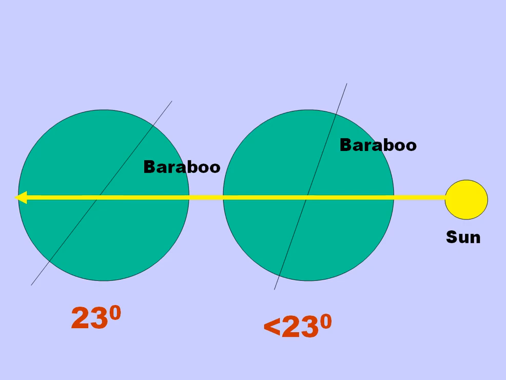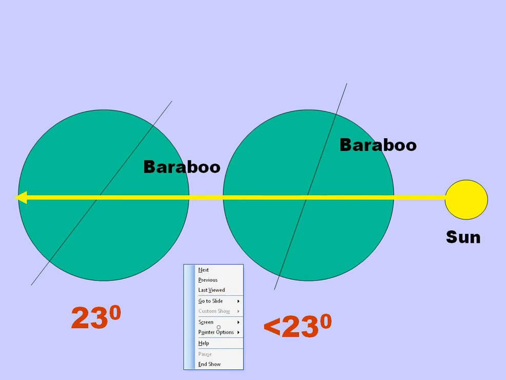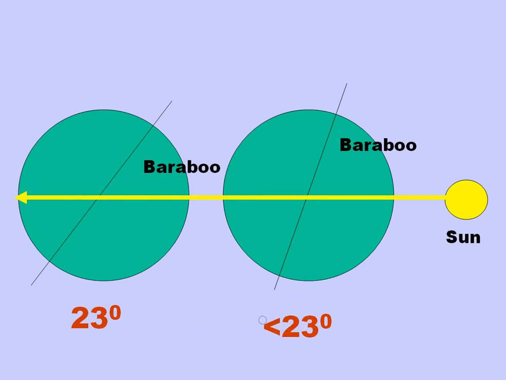So here we can see the difference. If I pull out a pen here, let me change that to a pen. We can see if it's approximately 23.5 degrees, there are certain times of the year where we're going to get more sunlight. I'm not going to say more direct sunlight, because it's always going to be direct sunlight as it comes from the sun, but it's heating up less surface area.